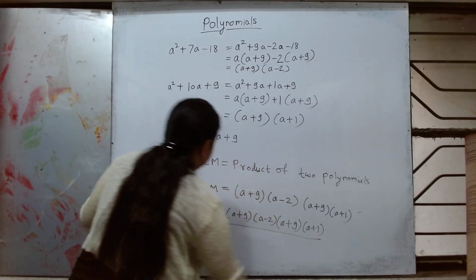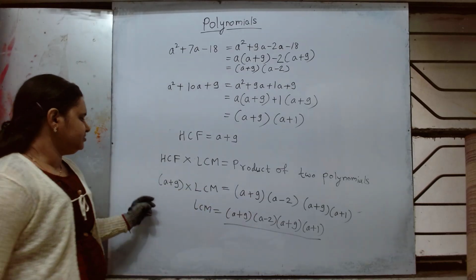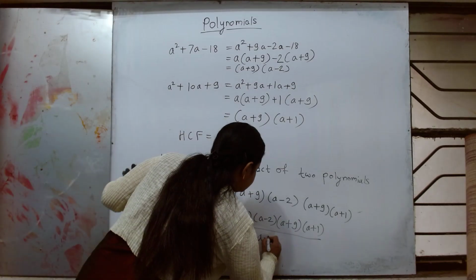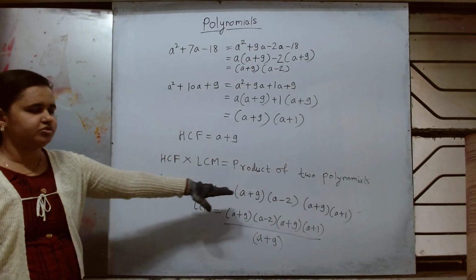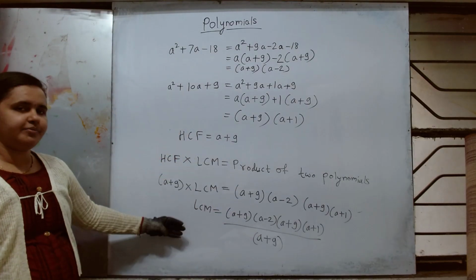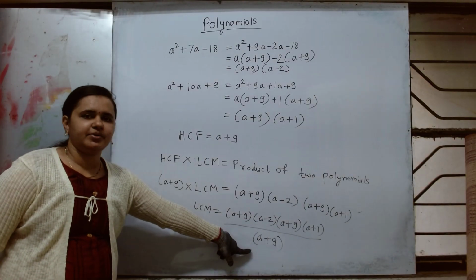Okay. If I divide a plus 9 on both sides, it will be here a plus 9 upon a plus 9 will be 1, and this will be divided by a plus 9.